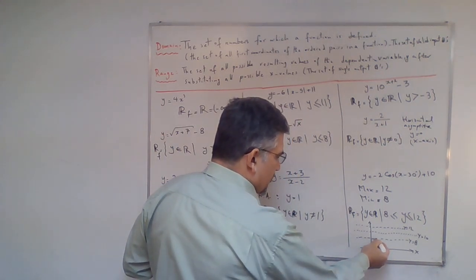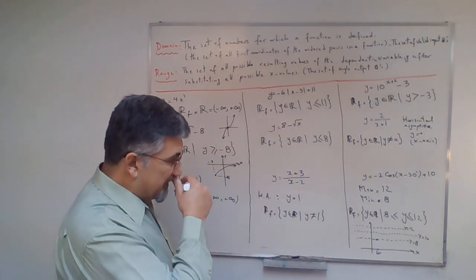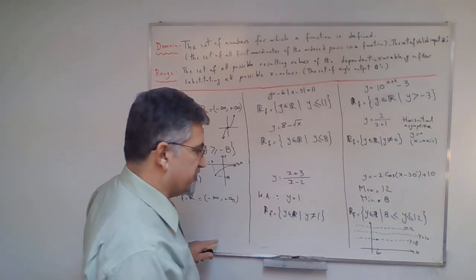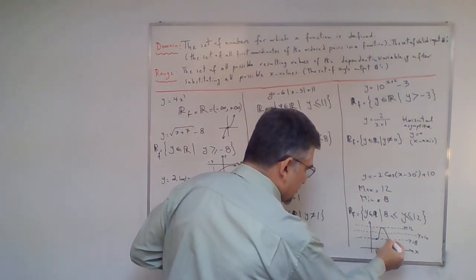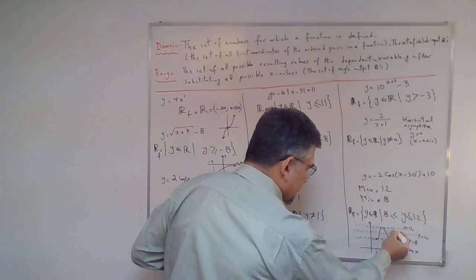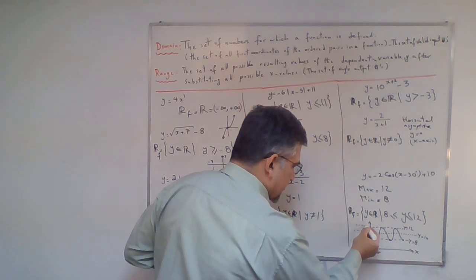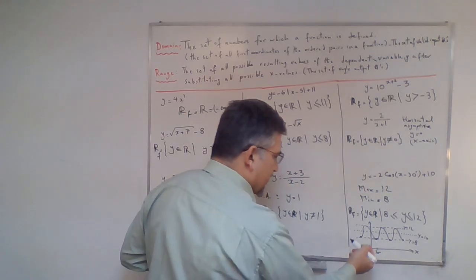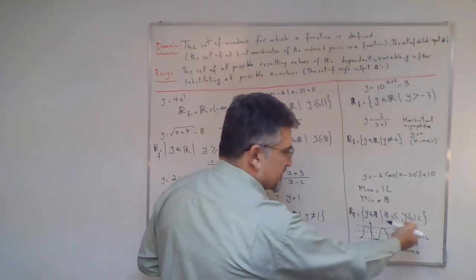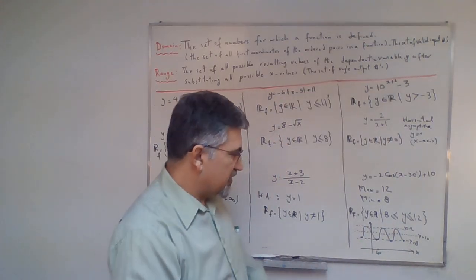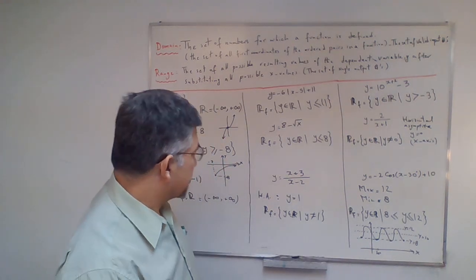We are starting from the minimum line because of the reflection in the x-axis that is involved. So the graph should look something like this. Of course, I'm not drawing it to scale, needless to say, but it's a graph like this. And on the left, it's going to look like that. And it keeps fluctuating between the two values, 8 and 12. That is the reason why we say the range is any real y value between 8 and 12 inclusive.